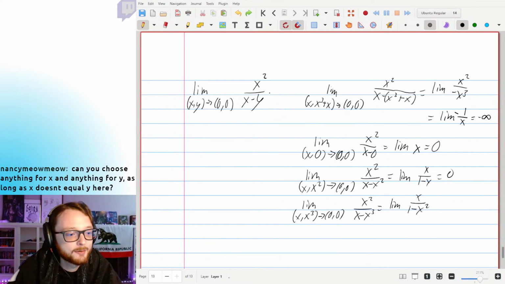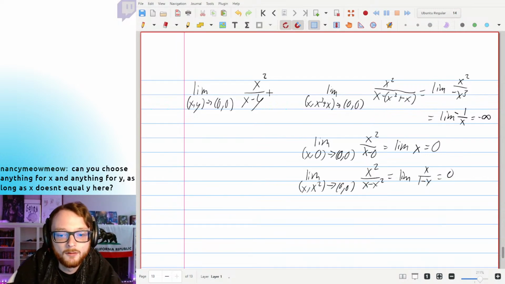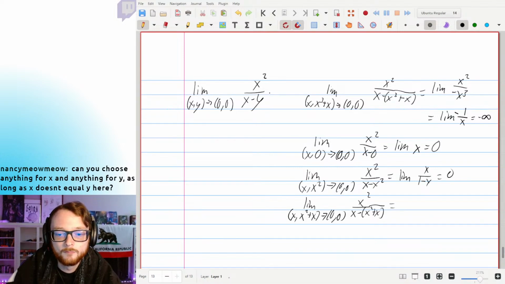So we could even have done maybe x comma x squared plus x, and this might get us a different result here. x squared over x squared, and that just comes out to be 1. I'm going to get docked points for not remembering my limit, but we didn't have to go as high as x cubed.